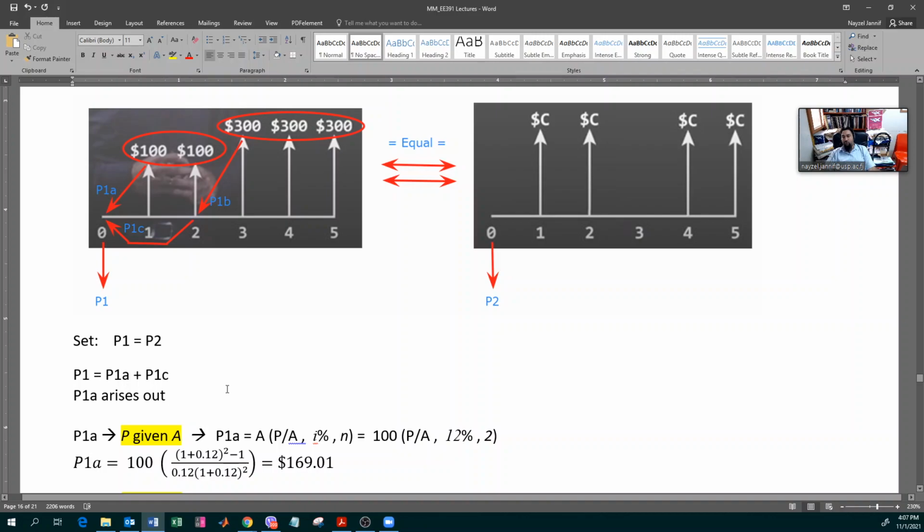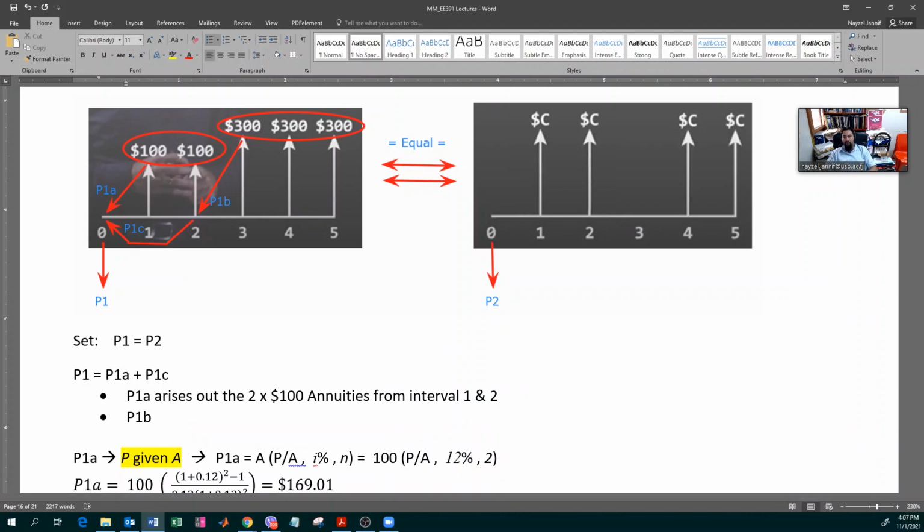Yes, the 2 by $100 annuities from interval 1 and 2, right?